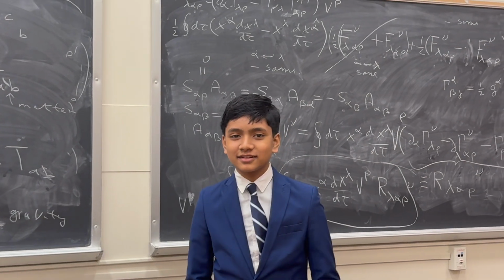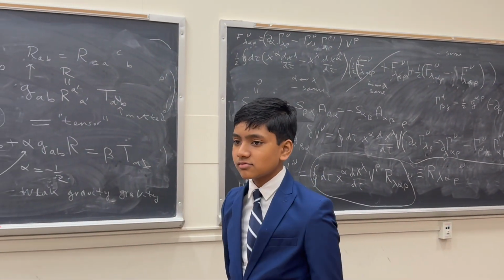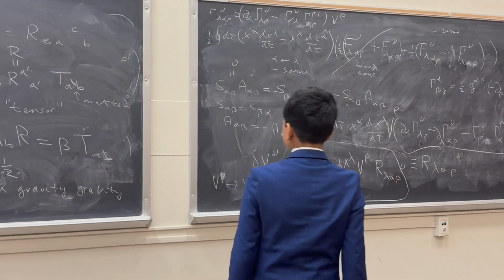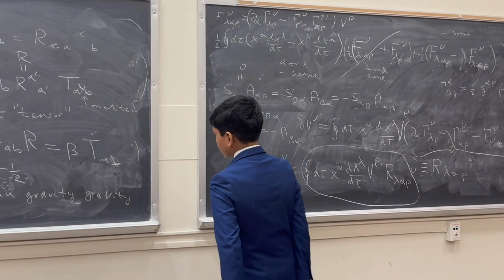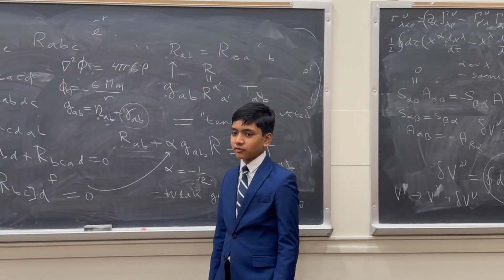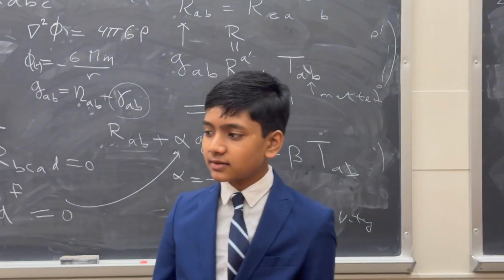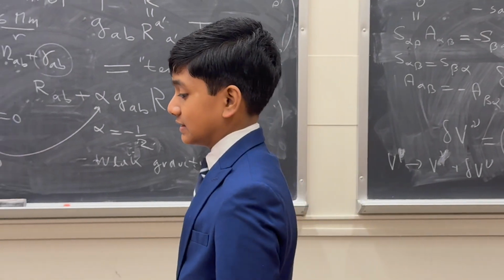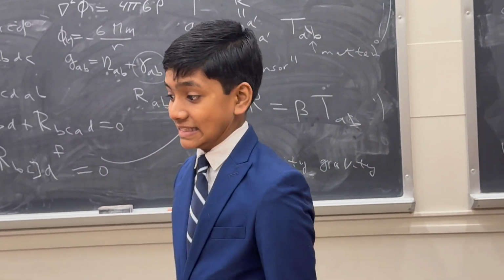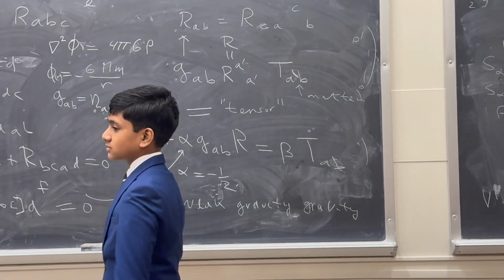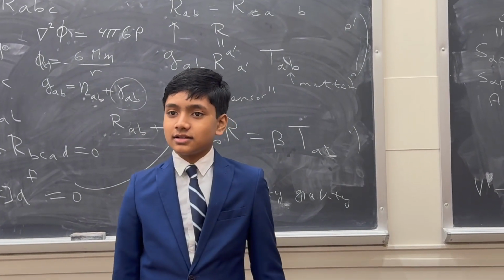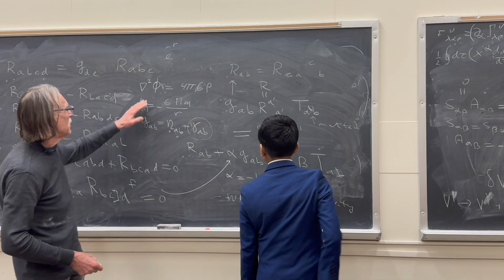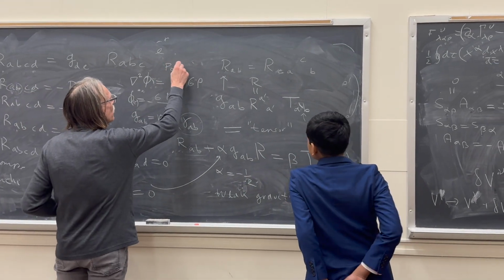So there are quite a few pages before. No, it is already found earlier. Let me see where. Yeah, no, I got it right. 4 pi. So this is called the Poisson equation.